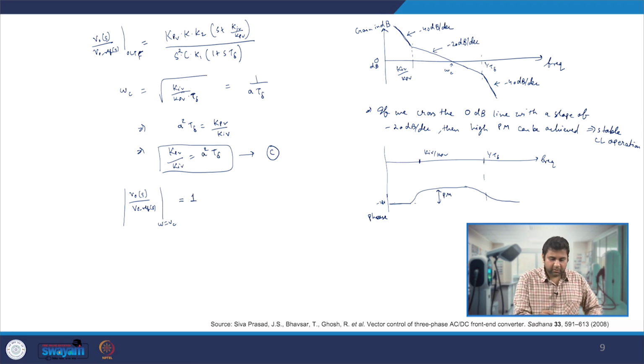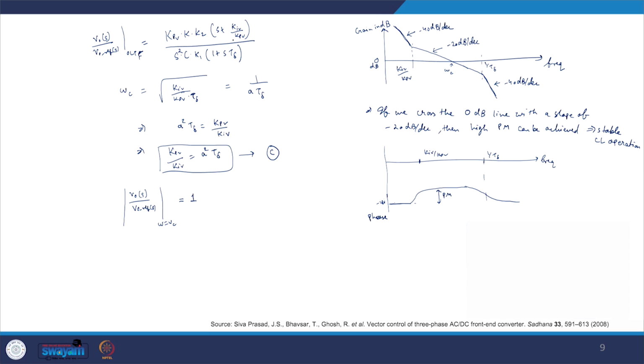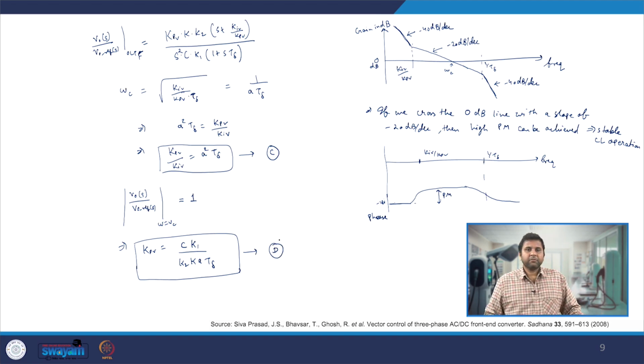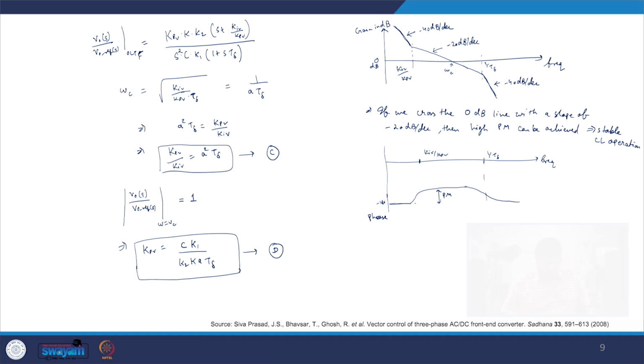So you can find out the gain over here, and then we can put this term in that particular gain. Finally we will get KPV to be equal to C K1 by K2 KAT delta. Now this is the value D, and from C and D we can calculate our voltage controller parameter.